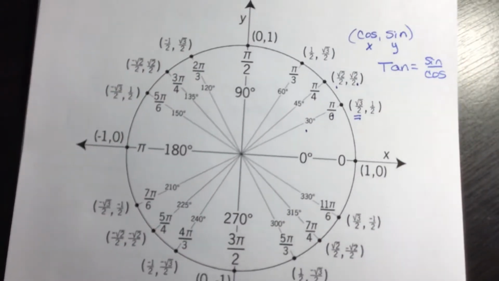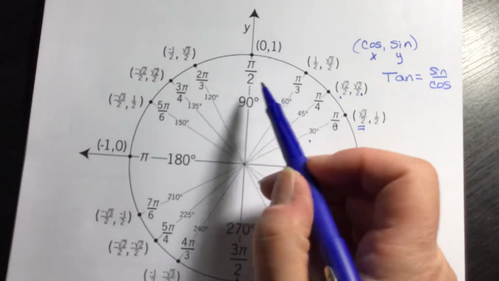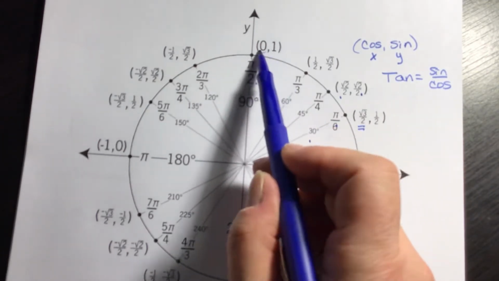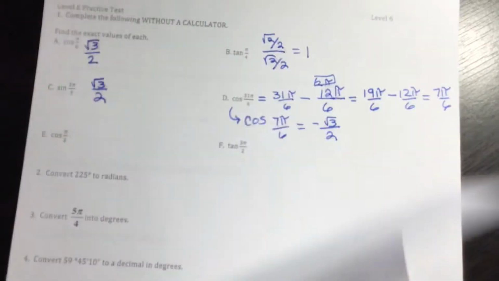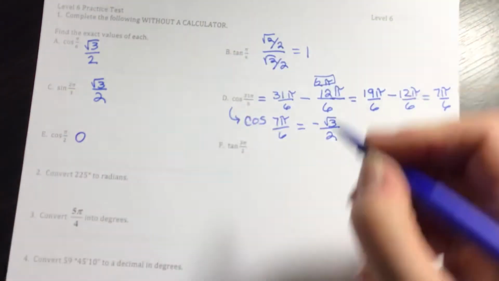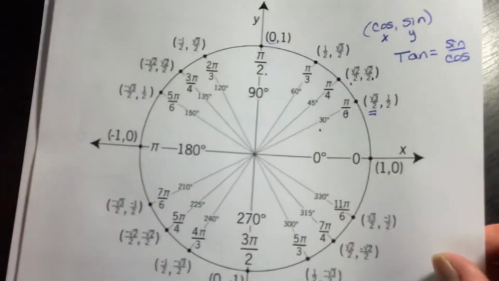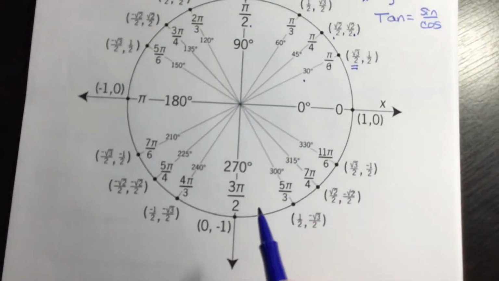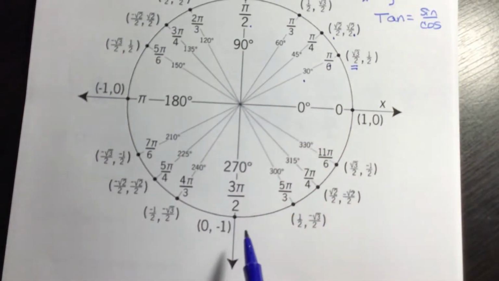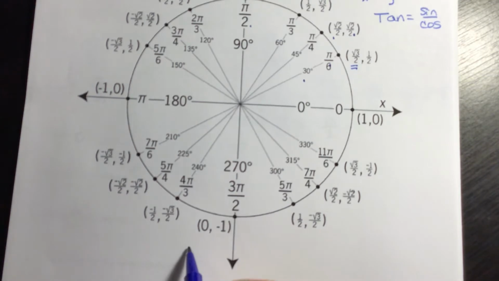Next one is cosine of pi over 2. Here's pi over 2, cosine is 0. And then tangent of 3 pi over 2. All right, so tangent of 3 pi over 2, remember, I have cosine, then sine, and tangent is sine over cosine.